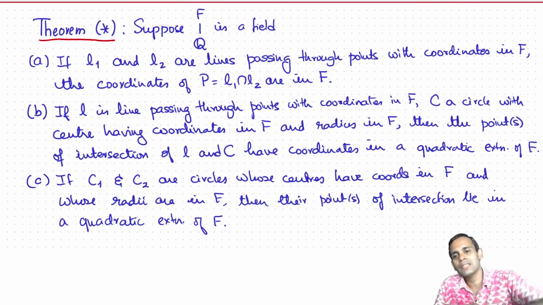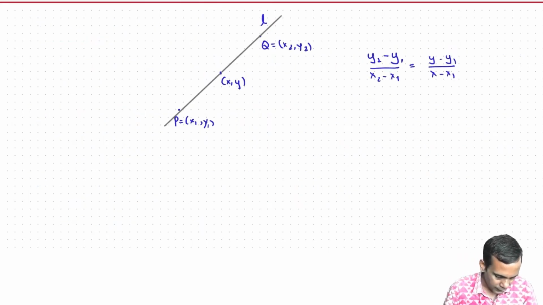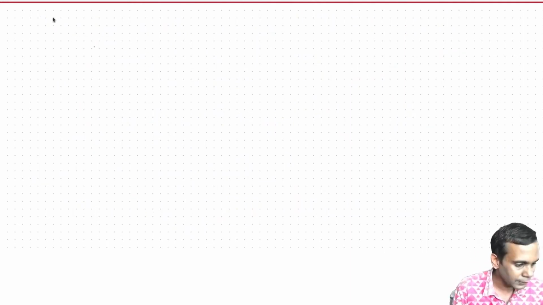But if a circle is involved, then it would probably lie in a quadratic extension of F. And now with this, you can kind of guess where all the constructible points come from. This is the statement, a beautiful theorem. We are now ready to prove it.